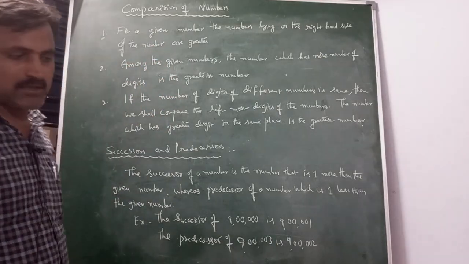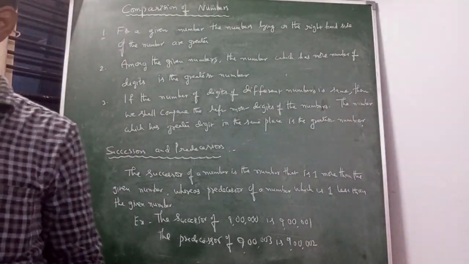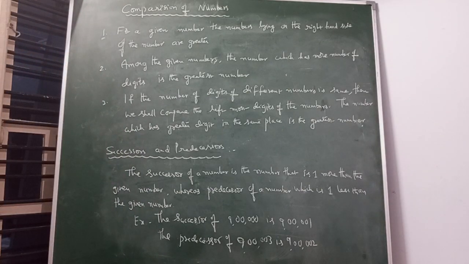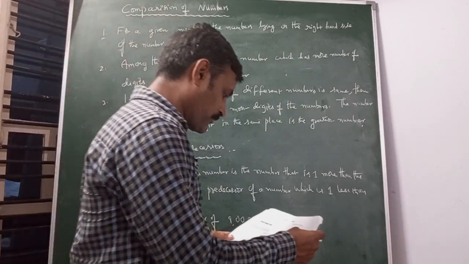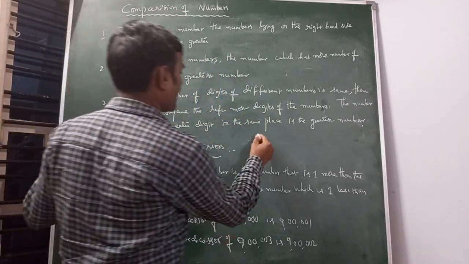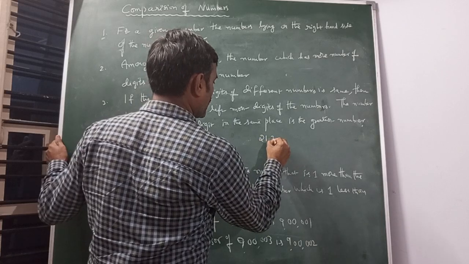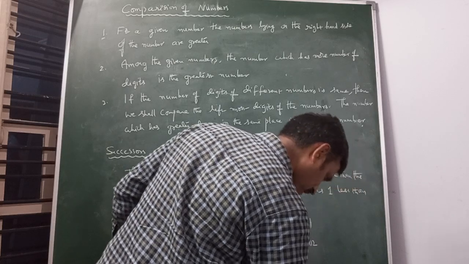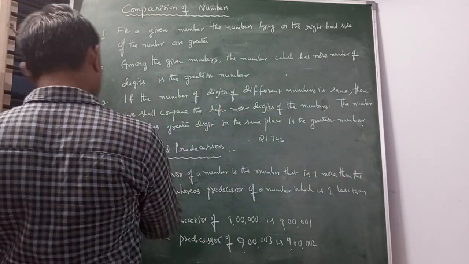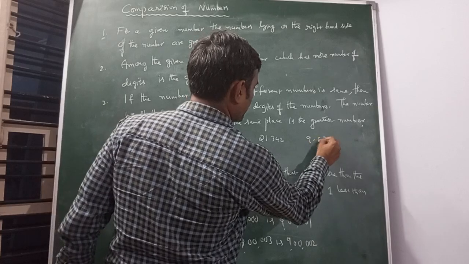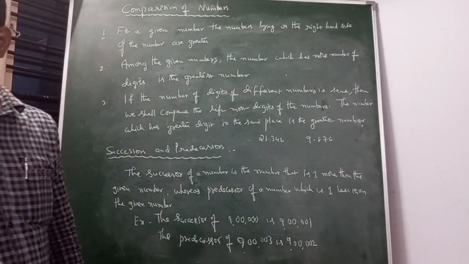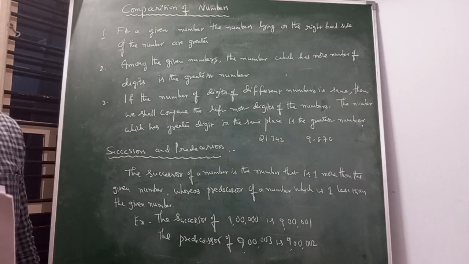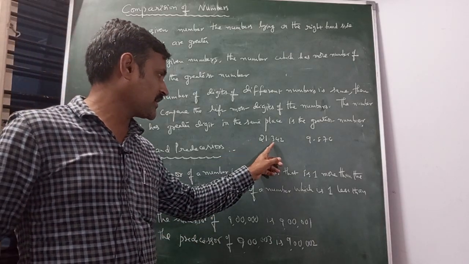To understand this, we should take some examples. Let us take one small example, 21.342. If you want to compare 21.342 with 9.876, let us observe. 21.342 has how many digits? 1, 2, 3, 4, 5 digits.